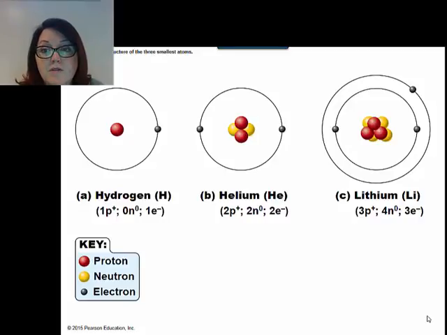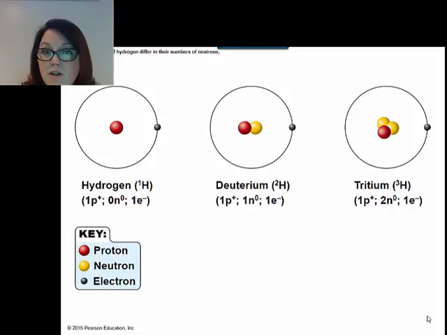So lithium has, in this case, 3 protons in its nucleus, 4 neutrons in the nucleus, and then 3 electrons outside the nucleus. So this is a good example that shows you that the number of protons and the number of neutrons don't have to equal each other. Sometimes they do, like we see in the example with helium here, but sometimes they don't, like we see in the examples of hydrogen and lithium.